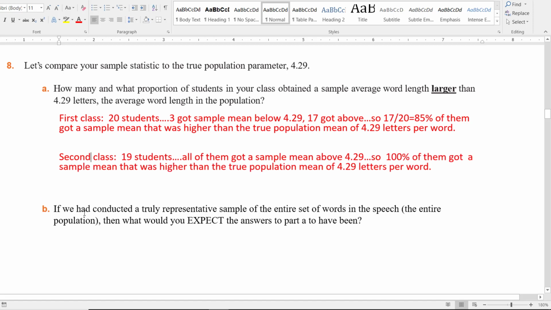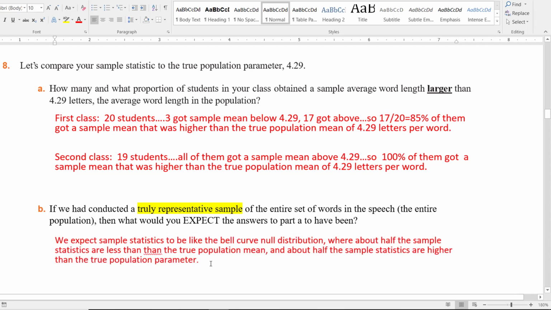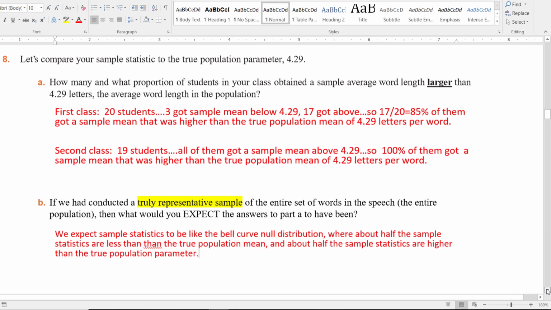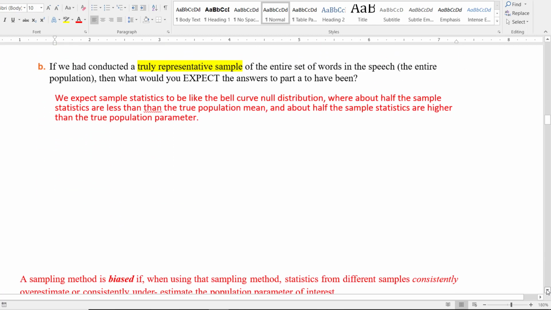Part B asks, if we had conducted a truly representative sample of the entire set of words in the speech, then what would you expect the answers in Part A to have been? We expect sample statistics to look like that bell curve null distribution, where about half the sample statistics are less than the true population mean, and about half are higher than the true population parameter.